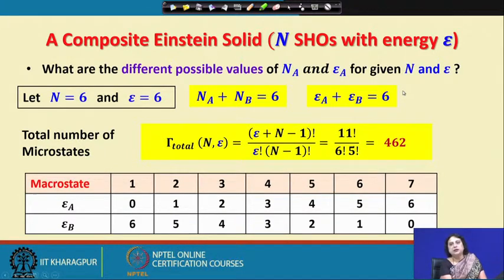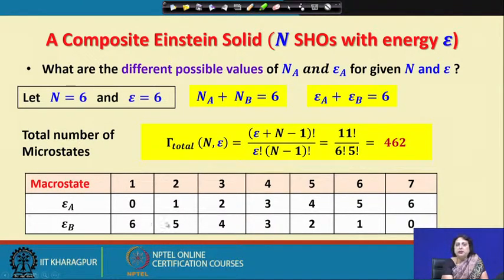So, how many such macrostates are possible for the subsystem A? As you see, the subsystem A has 7 different macrostates. So, under the condition of a constant number of particles and a given value of total energy of 6 units, you can see that these 7 macrostates are possible.